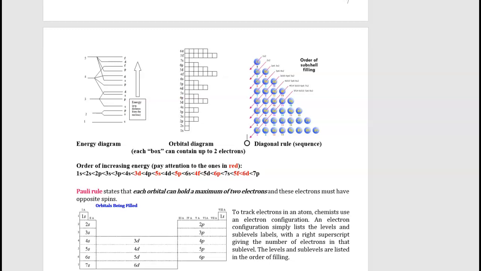Please pay attention to this order. This is the order of increasing energy.